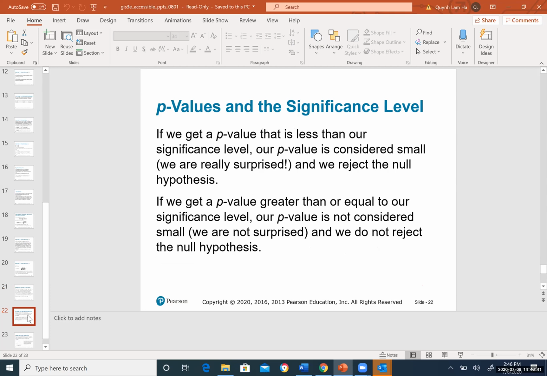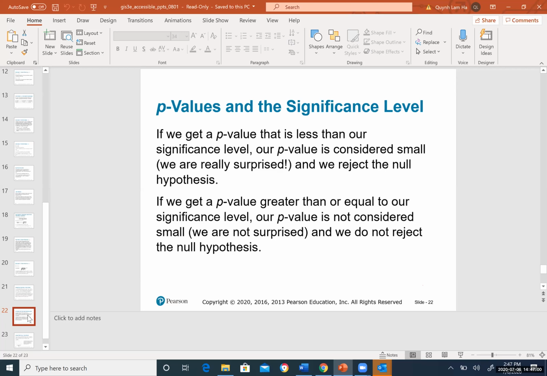Again, right here, they explain the p-value and the significance level. If we get a p-value that is less than our significance level, our p-value is considered small. We are really surprised and we reject the null hypothesis.